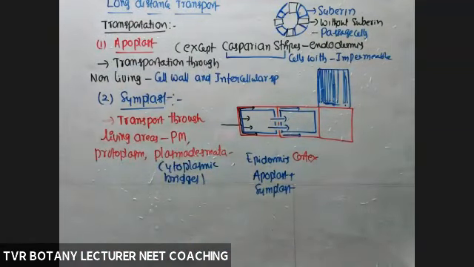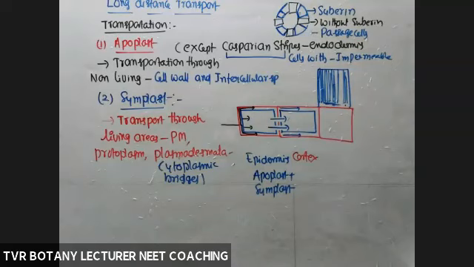So epidermis, living parenchymatous cell with cell wall and cell membrane. So in that case, apoplast, symplast, both are possible. And what about cortex? Definitely that is also parenchymatous. There also apoplast, symplast possible.